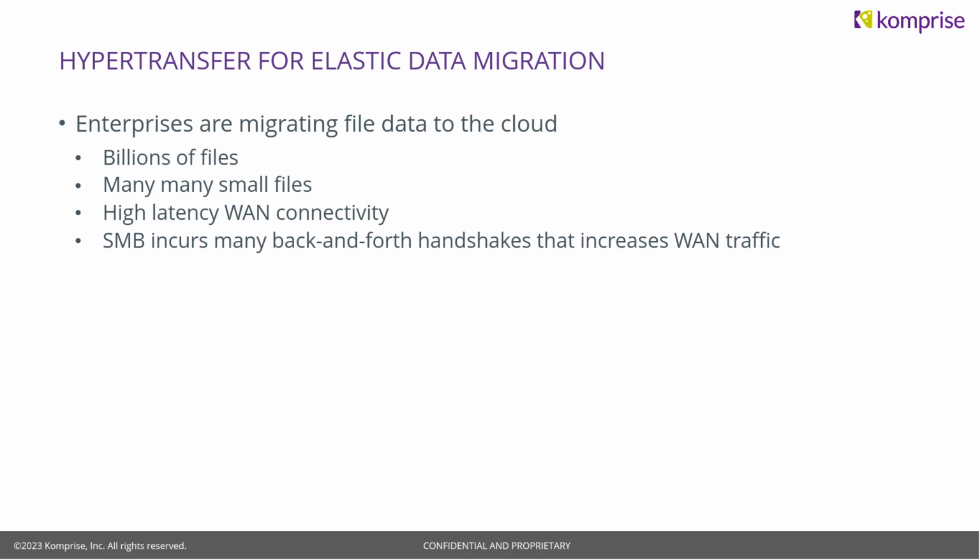And then particularly, the SMB protocol is what we call quite chatty. There's quite a lot of back and forth acknowledgements and handshakes that go between the source and the destination. Of course, now all of those are traveling over the WAN, over the latency, and you can see obviously that you're going to have performance issues. And this is what Komprise is focused on, to help you do your migrations faster.